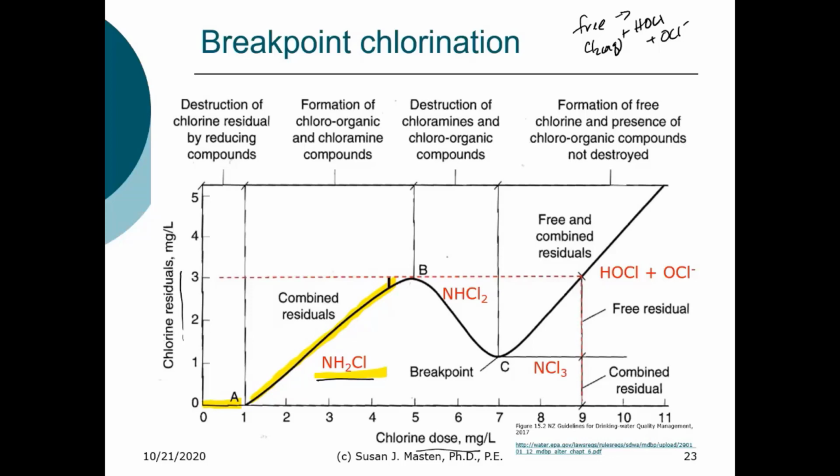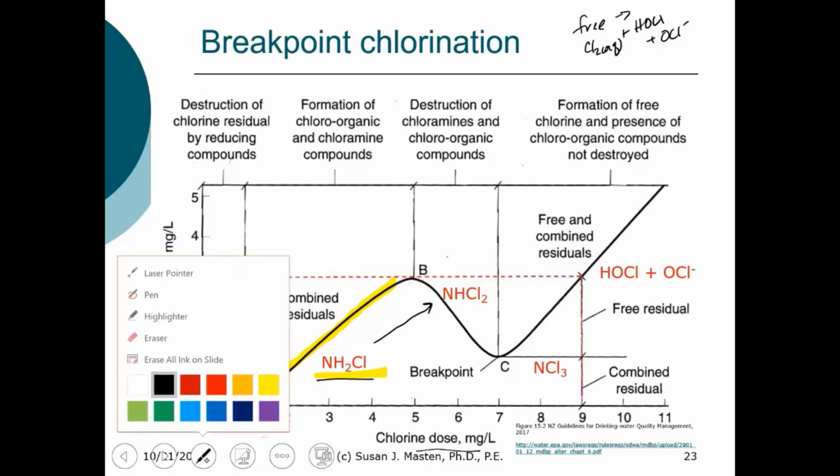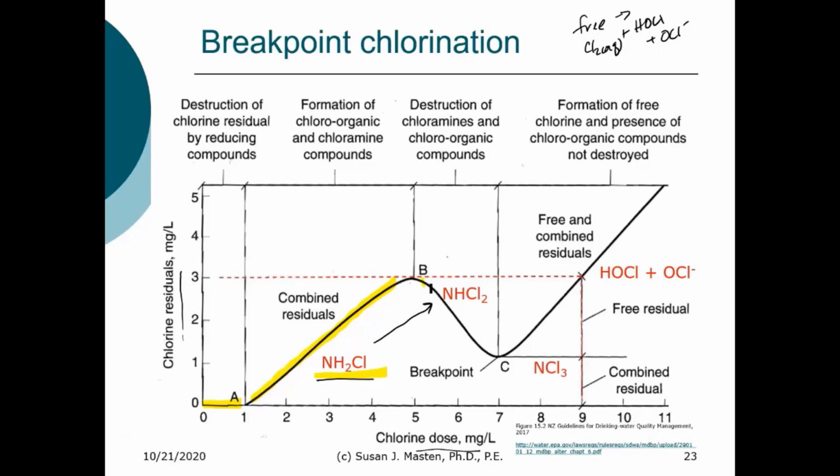If we continue to increase the dose, now what we start to form is the dichloramine. So we're converting the monochloramine to dichloramine, but dichloramine isn't a strong disinfectant. So now our chlorine residual starts to decrease. At point C, we essentially have consumed all of that ammonia.